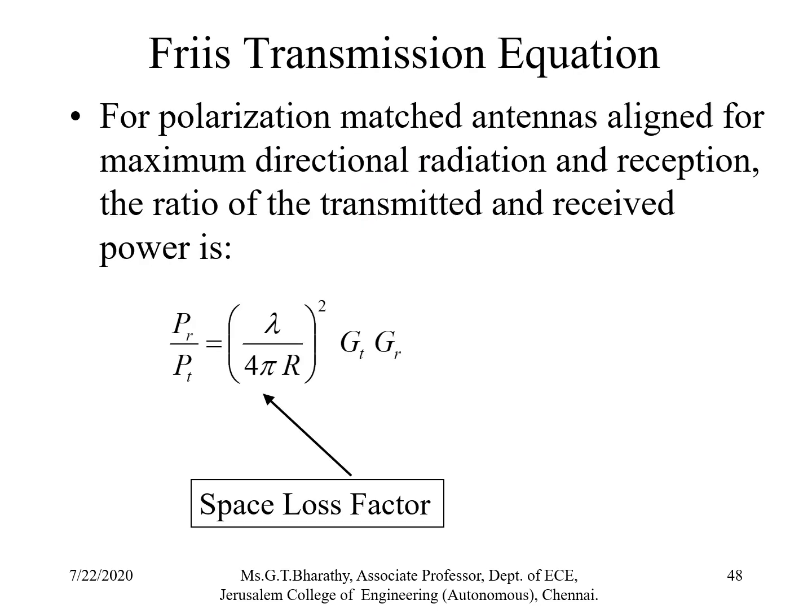For polarization matched antennas aligned for maximum directional radiation and reception, the ratio of the received and the transmitted power can be written as Pr by Pt equal to lambda by 4 pi r the whole square, Gt Gr, where the constant lambda by 4 pi r the whole square is called the space loss factor. This is the same Friis formula but rearranged such that it gives the ratio of the received power and the transmitted power.